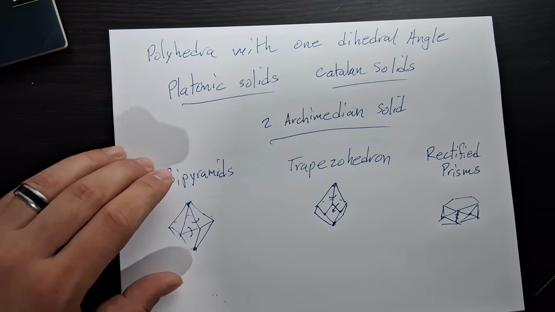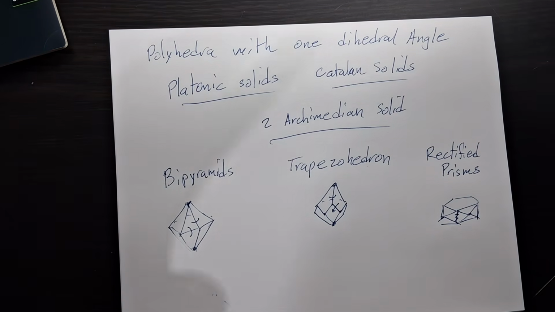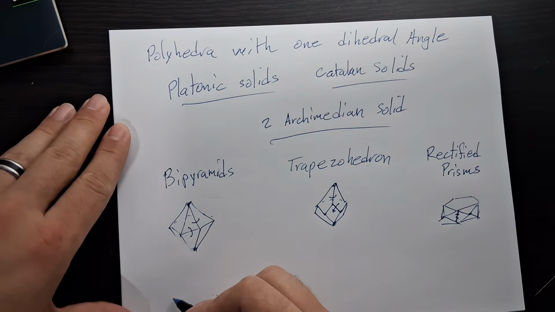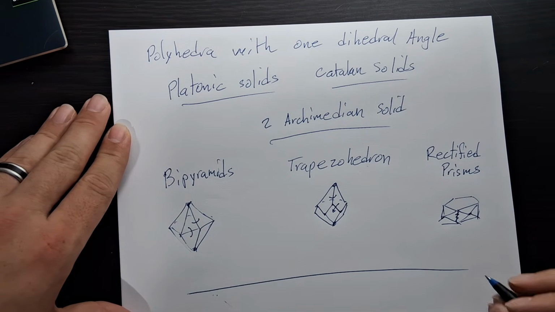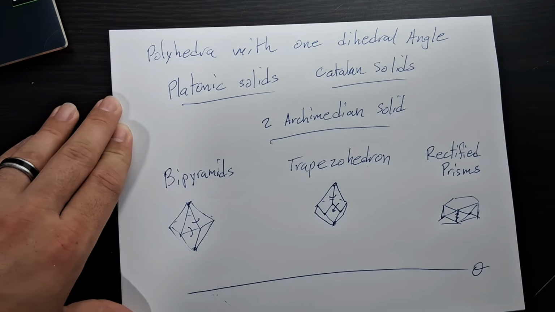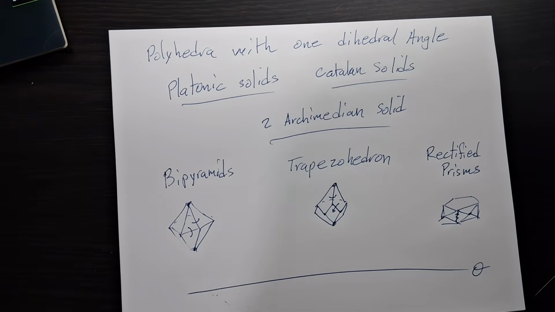But both of these have a bilateral symmetry that makes these infinite families possible. Let's sketch out the dihedral angles that show up. This will be theta, the single dihedral angle that shows up for these solids.